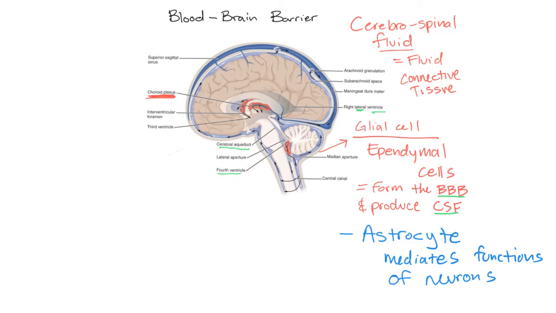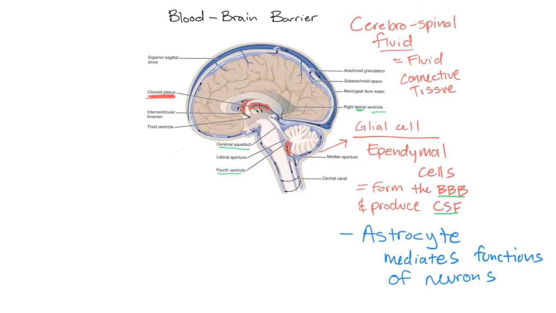By mediates, it has glycogen stores, so it can release glucose if the neuron needs energy. It can pull waste products away. It can add neurotransmitters to neurons. So it does a number of different things helping in regulating the function of the neuron. And they are abundantly found throughout nervous tissue.